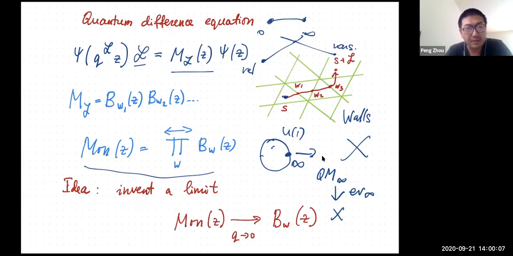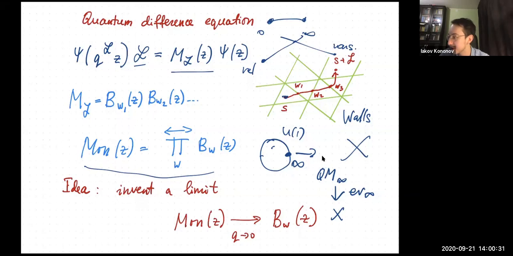Another question: I see a lot of taking the limit Q goes to 0, where you can relate the elliptic case with the K-theoretic case. Is there some equation in the elliptic case that's analogous to the quantum difference equation? I don't know if this is a valid question. That's an interesting question. I don't know. It would be interesting to think about it.